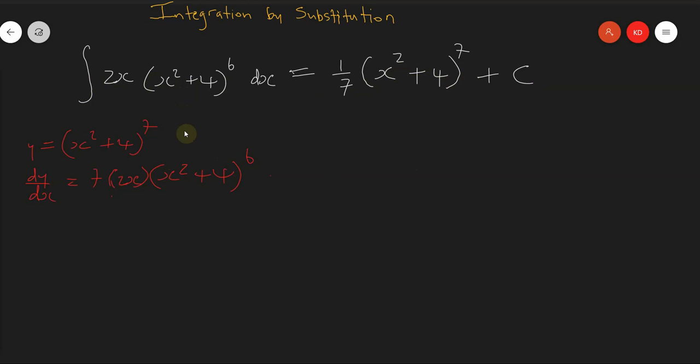So that's what I meant when I say that we could look at it and sort of visualize where it's coming from and find the integral.